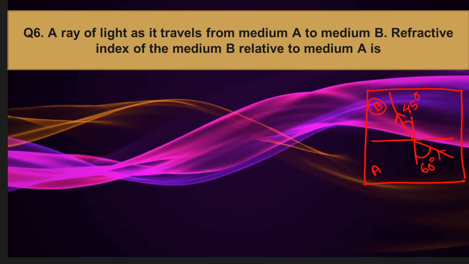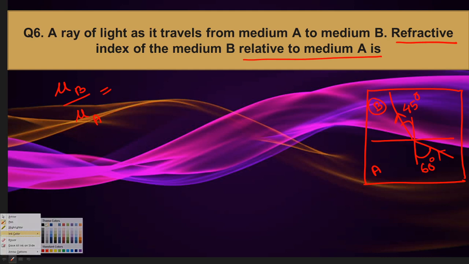Okay, what we have to do? Find out the refractive index of medium B relative to medium A. Whenever relative comes, that will go below. Okay, so let's try to solve it.